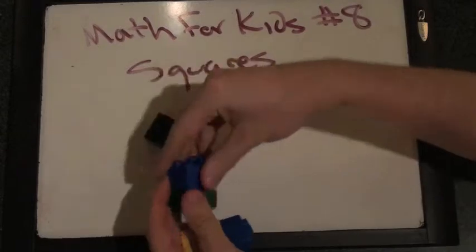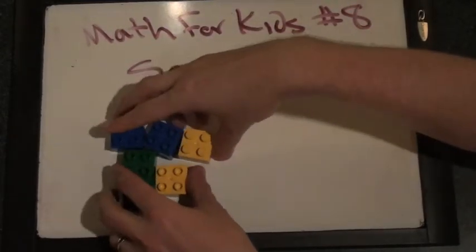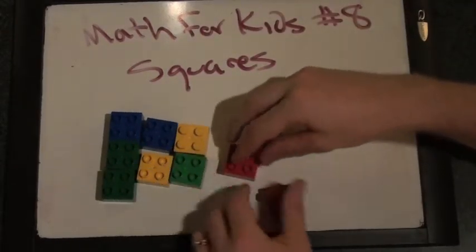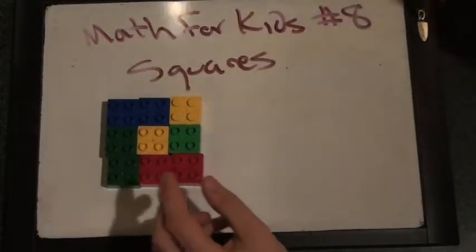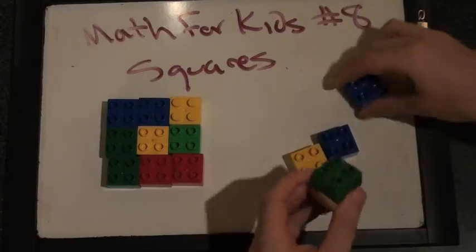So if we start out with a square with 3 on each side, and we want to make a square with 4 on each side, how do we do that? Do you think you remember how to do it? Okay, tell me what you do. Go ahead.